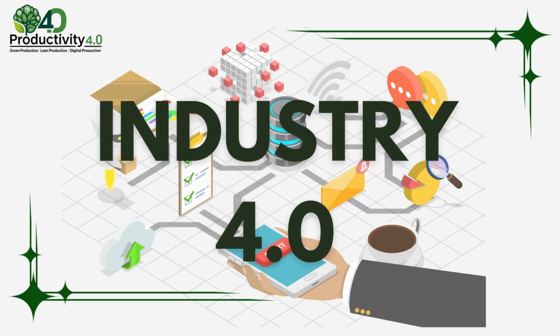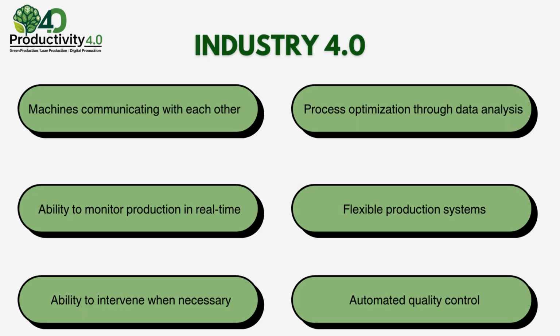Industry 4.0 represents a new era in the production world where digitalization and smart systems converge. One of the most striking developments offered by Industry 4.0 is machine-to-machine communication. Thanks to this, production processes can not only be monitored but also managed in real time.